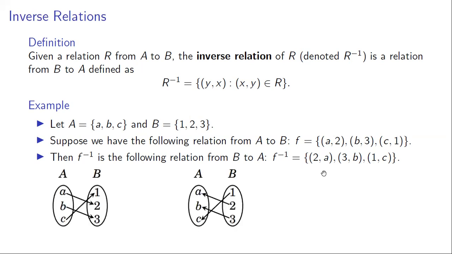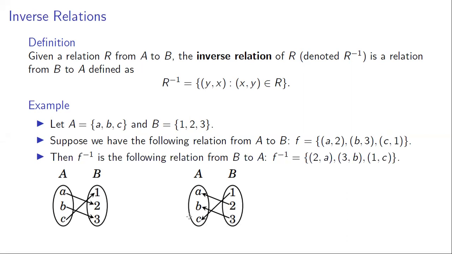Here's a picture view of what's going on here. So here on the left, we have F, the original relation. So we have A comma 2, B comma 3, C comma 1. Now in the middle, we have the inverse relation, F inverse.